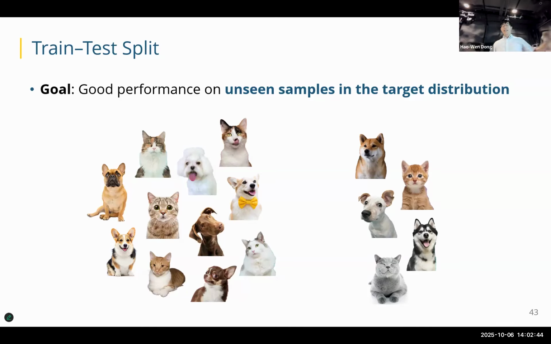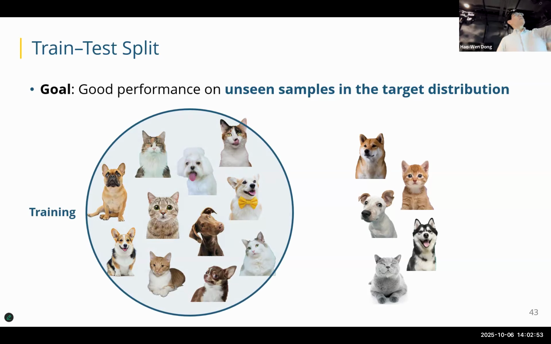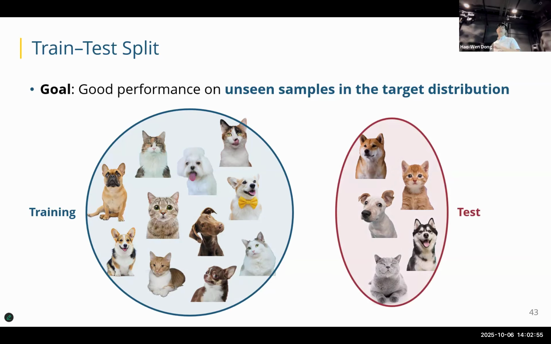That's all we get, assuming there's no easy way we can get additional data. We've covered all the data that we have. Then we mark these as training, mark those as test. And our goal is to see, can we train the machine learning model on these training samples and get good performance on those unseen samples in the same distribution, because that's what we care about, good performance on unseen samples in the target distribution.